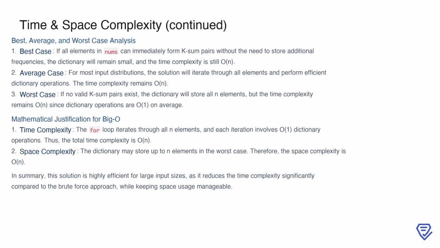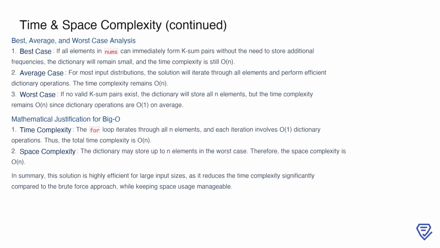Let's take a closer look at the best, average, and worst-case scenarios for this solution. In the best case, if all elements in the array can immediately form valid k-sum pairs as we iterate through them, the dictionary remains relatively small. Even in this case, the time complexity is still O(n), because we must process every element in the array.